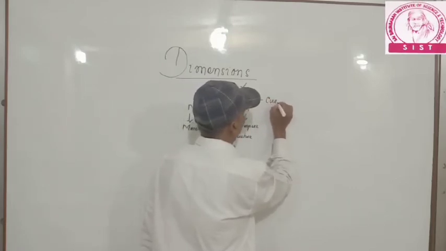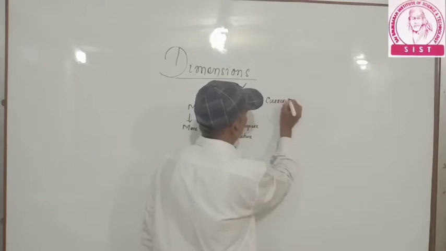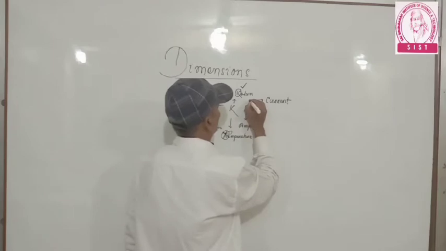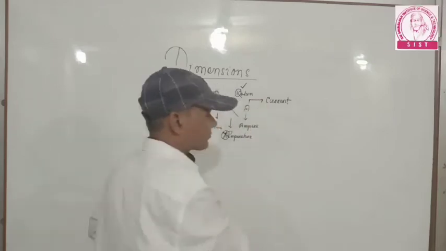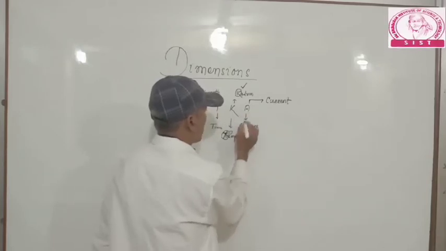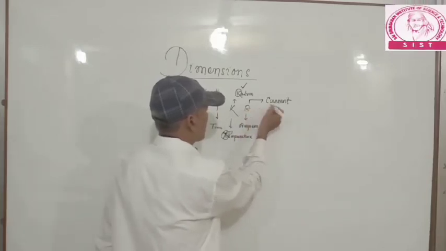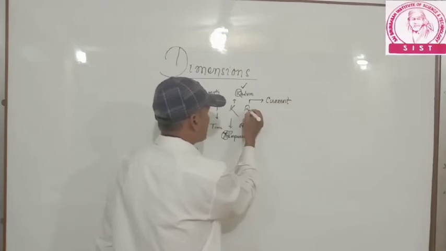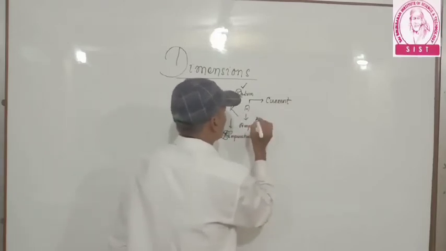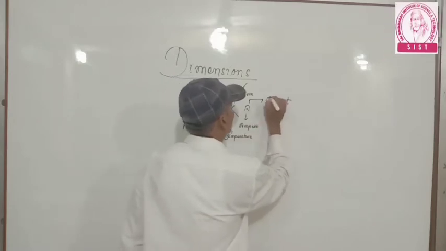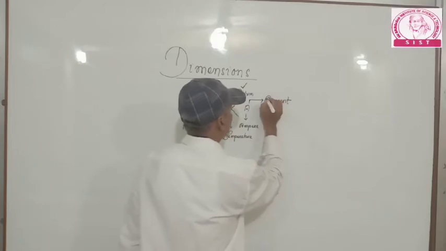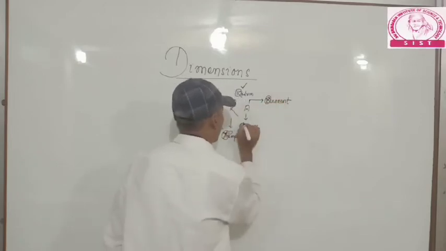So you see, here A stands, actually, for current, but A is the first letter of ampere. Ampere is not a physical quantity. So you see, C is not taken. A is taken.